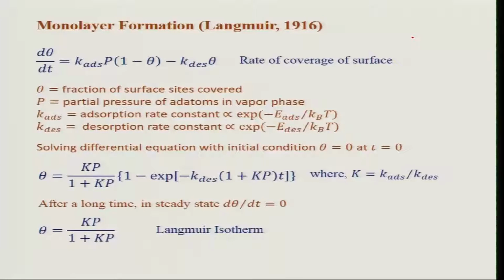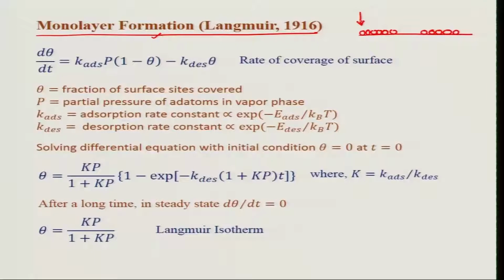There are different ways to describe how many atoms or molecules are being adsorbed. First of these is called the Langmuir isotherm, and this describes the coverage on a surface by formation of a monolayer of adatoms.